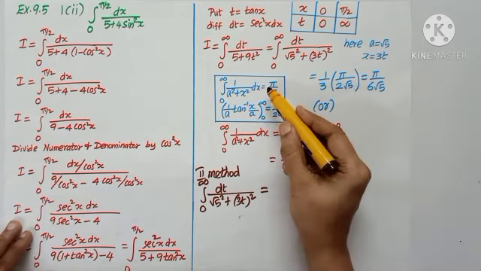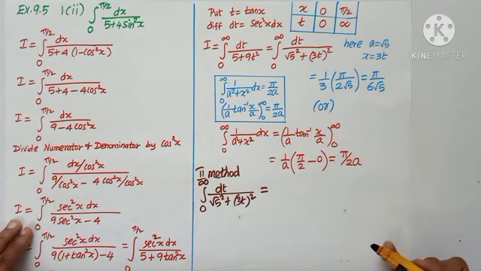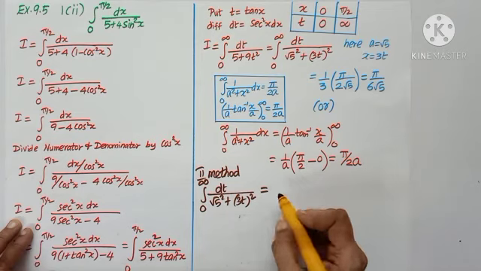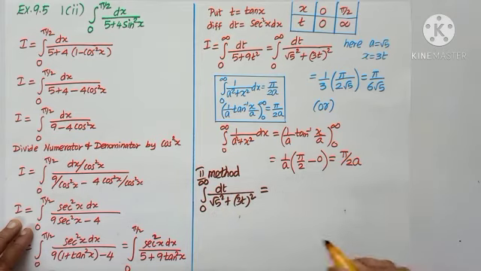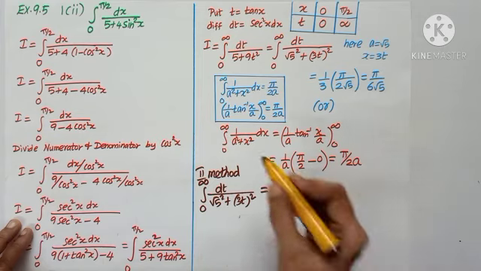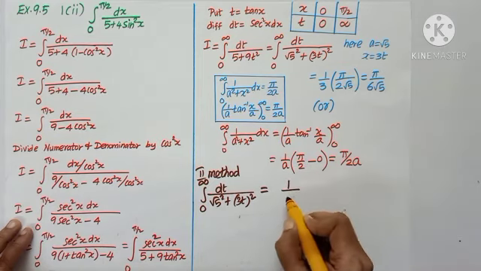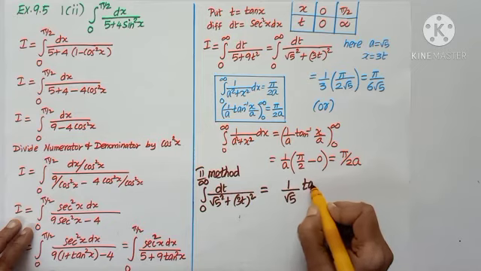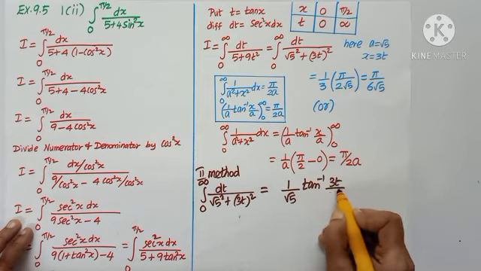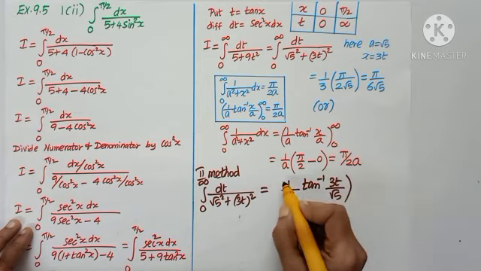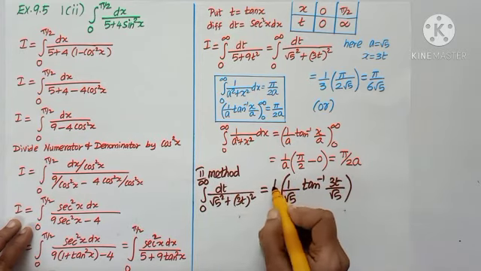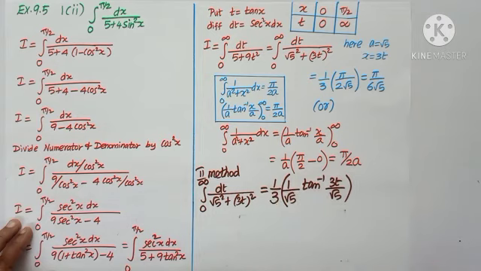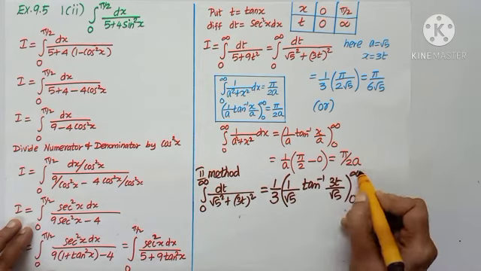If you are not applying pi by 2a, we shall do it directly. Integral 0 to infinity dt by root 5 square plus 3t square is, as I apply the formula, 1 by root 5 tan inverse 3t by root 5. Whenever 3t is coming in integration, remember to put 1 by 3. Apply the limit 0 to infinity.